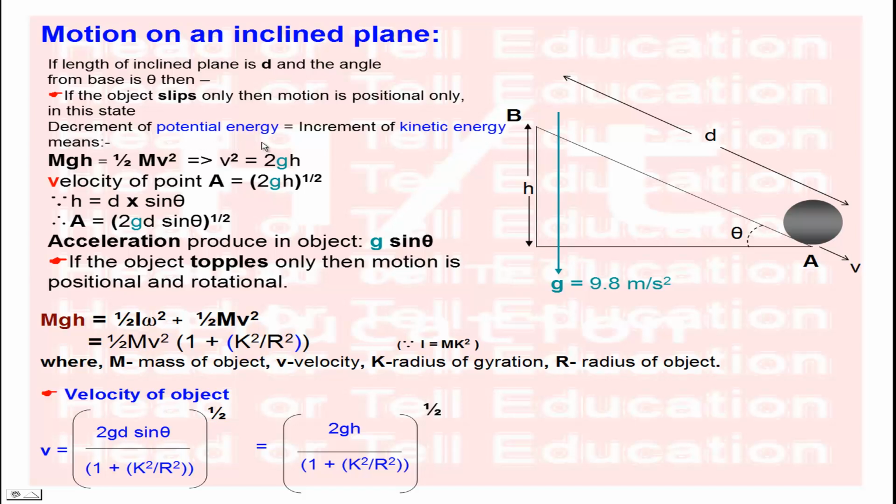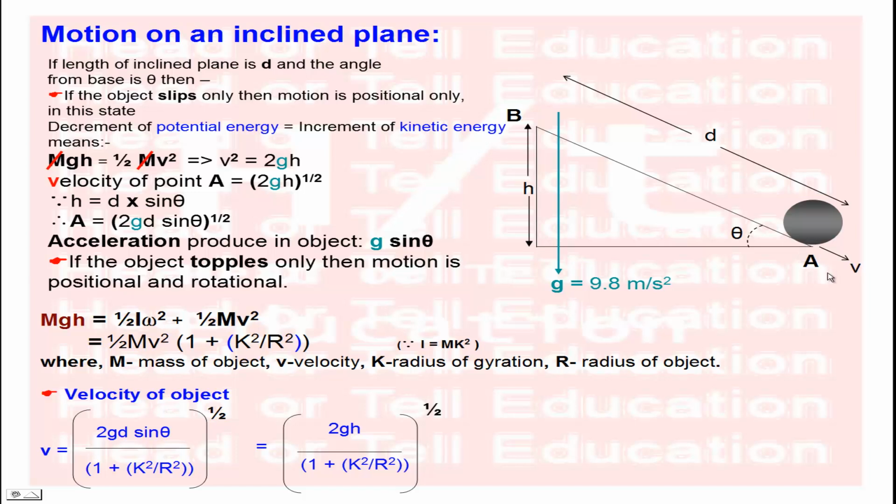In this state, what happens? The decrement of potential energy is equal to the increment of kinetic energy, means the potential energy mgh equals kinetic energy half mv square. So both are equal. If we remove the mass, we get v square equals 2gh.